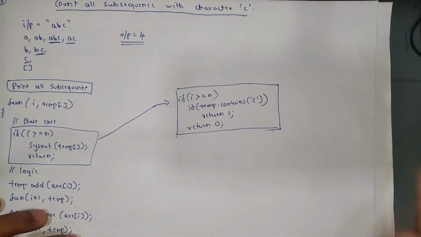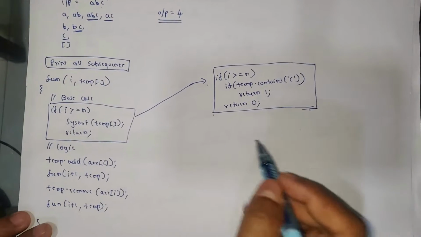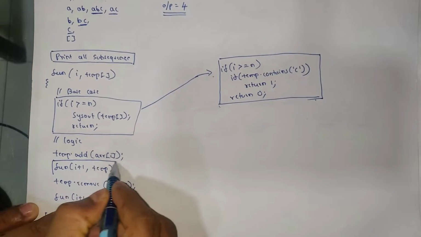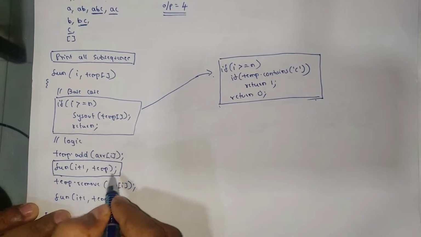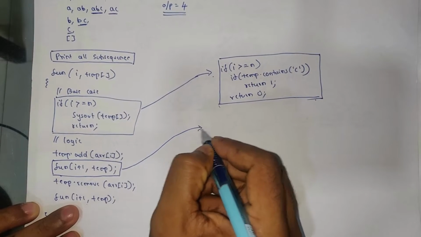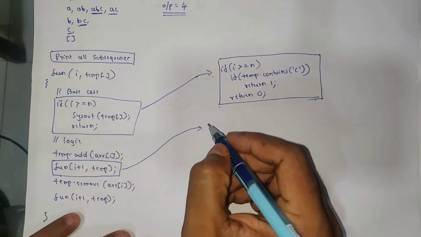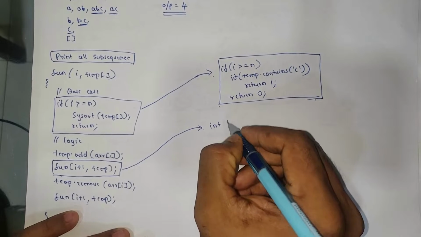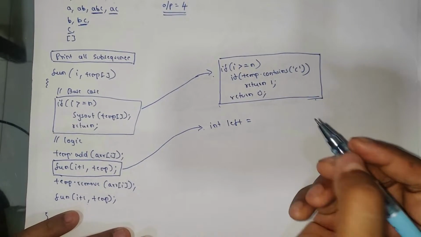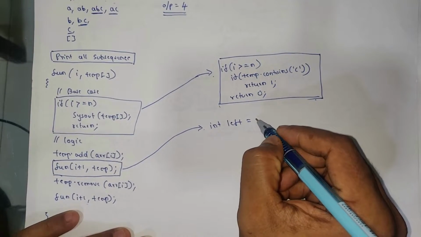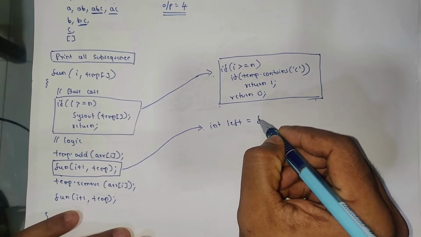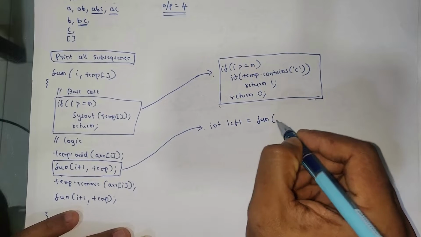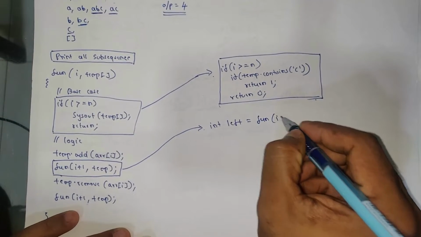Right? Understood? Fine. Now what is another change that we need to make? We need to make a change in this recursive call. Now the recursive call would be, we will have a variable called left is equal to whatever this function will return me, I will save in this variable left.